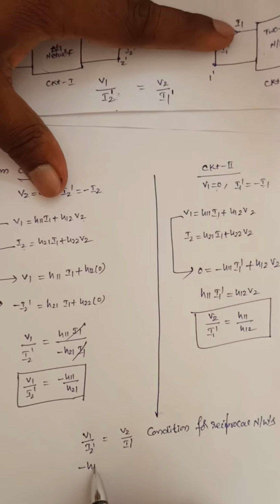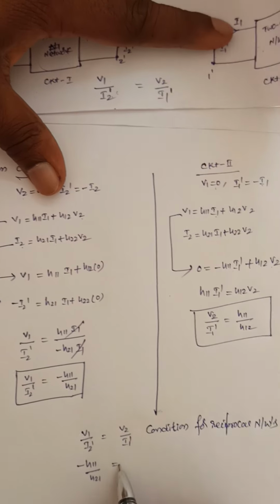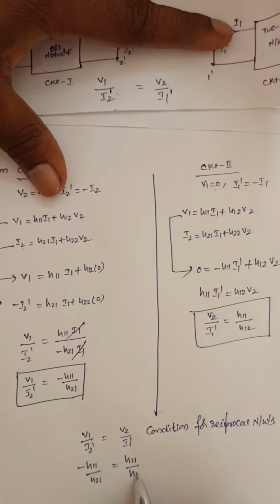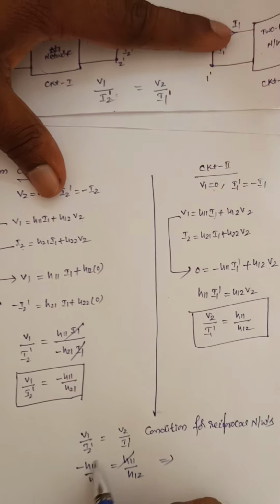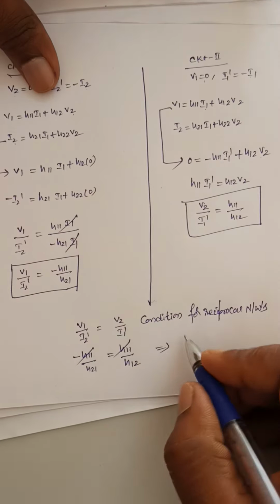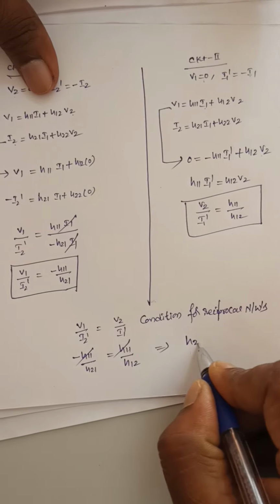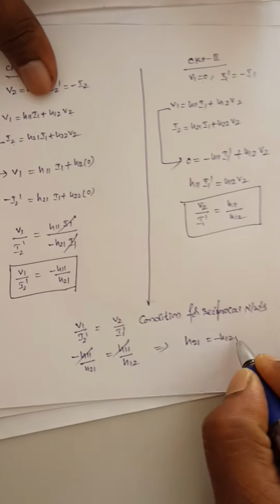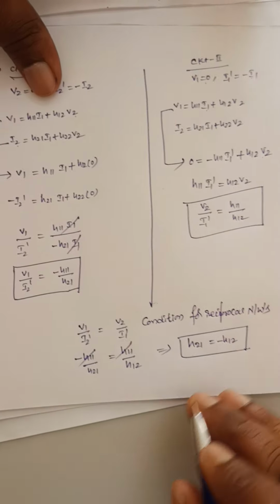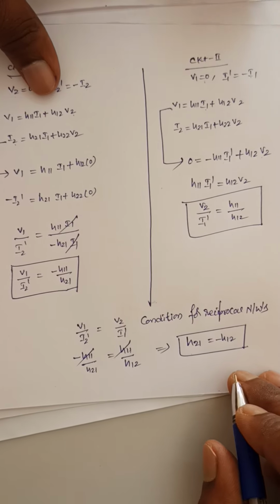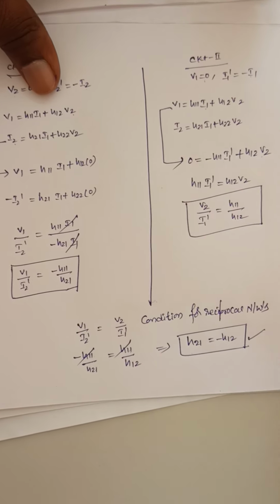So if I make this H11 by H21 is equal to H11 by H12, this H11 will get cancelled here. So this is H21 is equal to minus H12. So this is the condition for reciprocal networks in terms of H parameters.